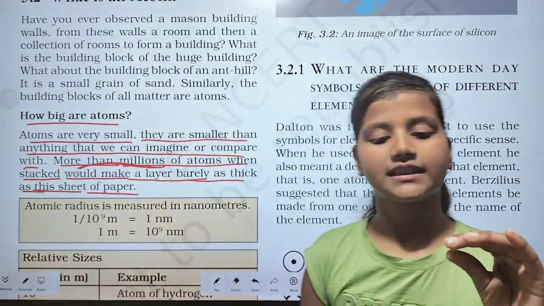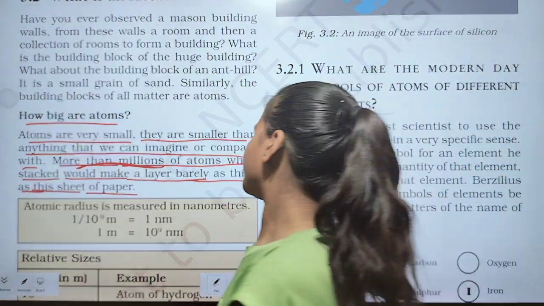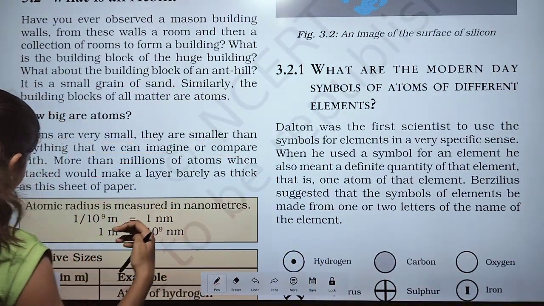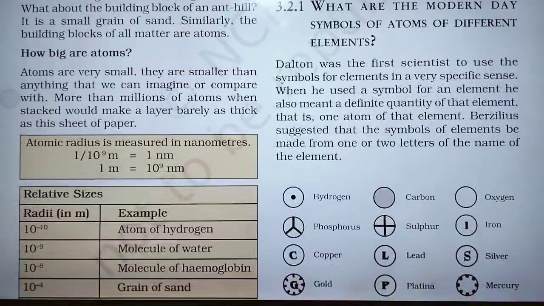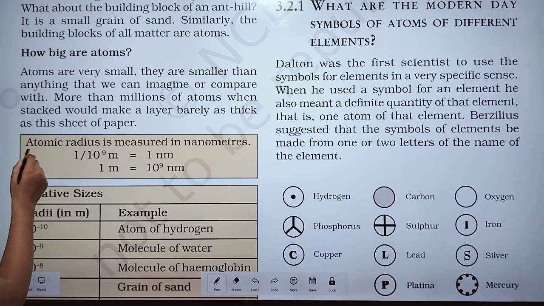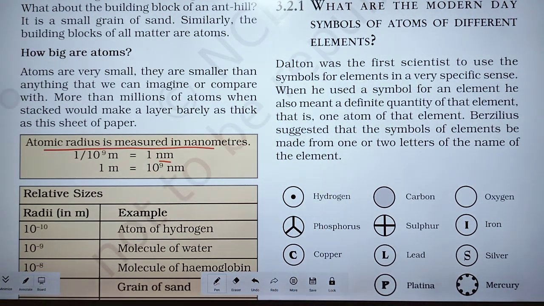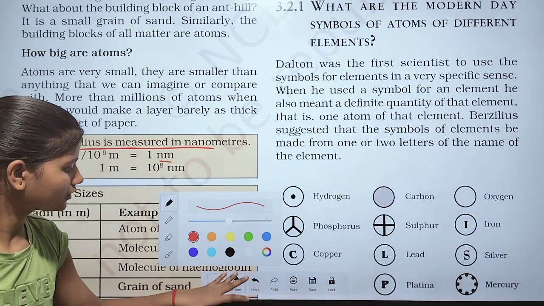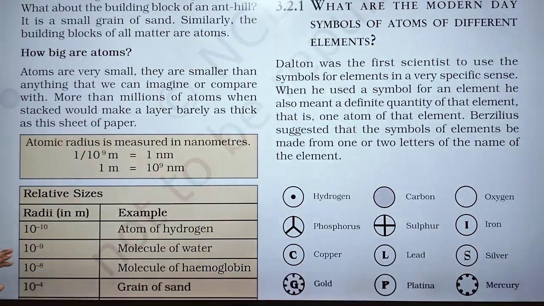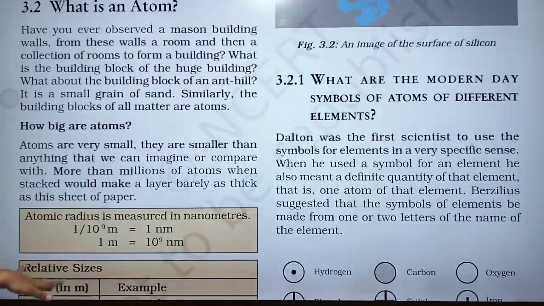A sheet of paper is made up of more than millions of atoms. Atomic radius is measured in nanometers. This one is to learn: relative size, radius, examples.